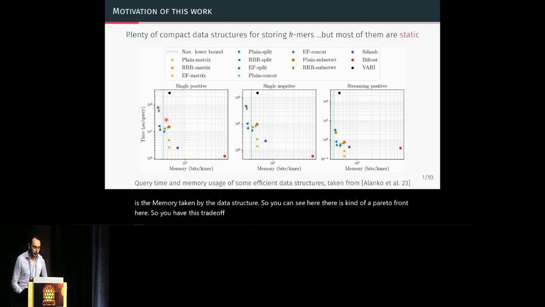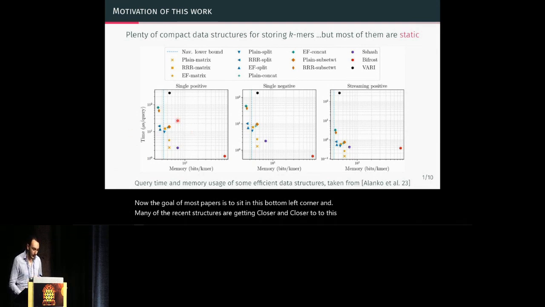Basically, some structures are very space efficient, but have quite expensive queries, whereas some others have very fast queries, but aren't very space efficient. Now, the goal of most papers is to sit in this bottom left corner, and many of the recent data structures are getting closer and closer to this optimal trade-off between time and memory.